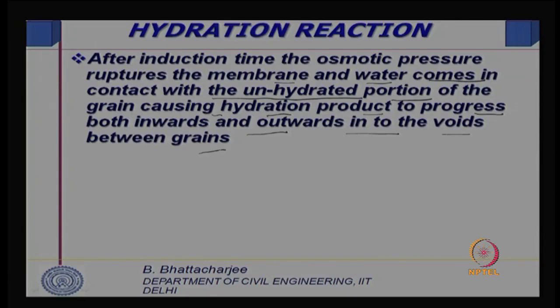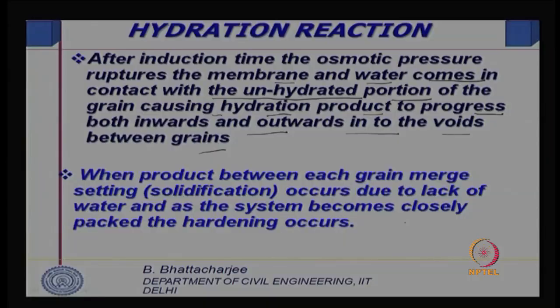So, this osmotic pressure that is higher on the grain side causes rupture of the membrane, and thereby water can enter through the membrane to the unhydrated cement, and reaction product will be formed inside, and some of it will go outside and get deposited into the vacant space that is available, and also at the outer periphery of the original cement grain itself.